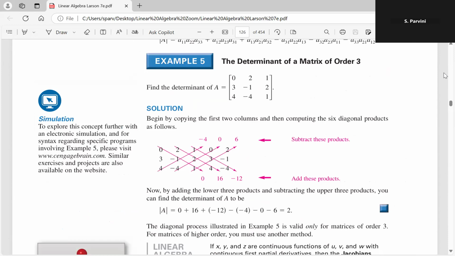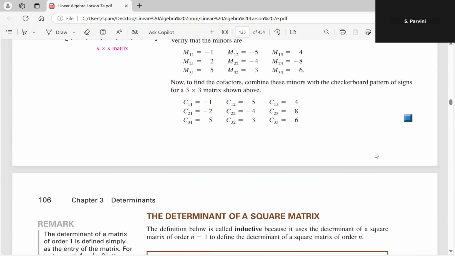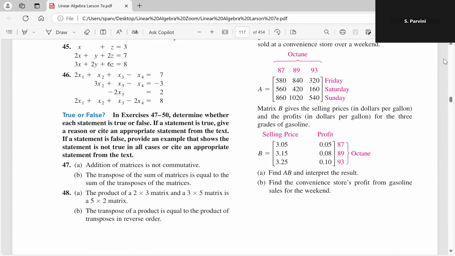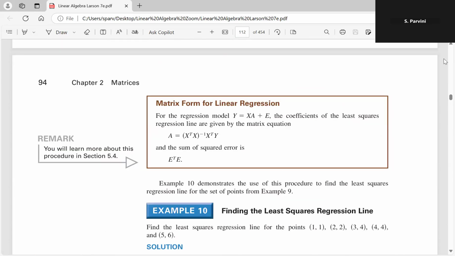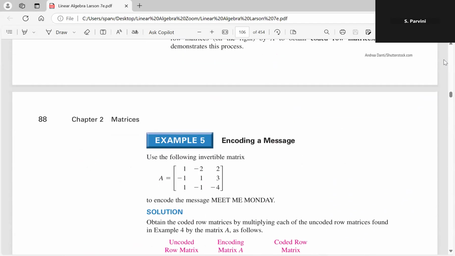Okay, now let's actually look at maybe a couple of examples here. First, the LU part. These are applications.